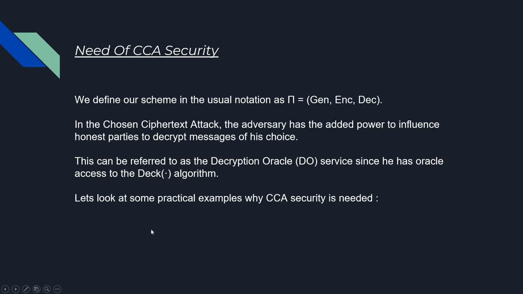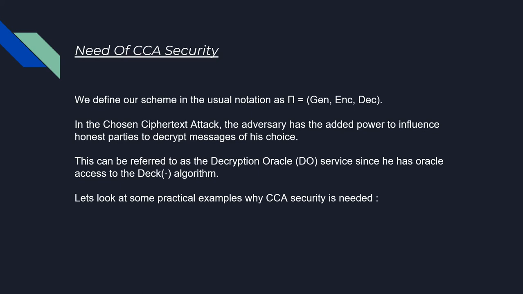So let's first understand why CCA security is needed in the first place. In general, we define the encryption scheme with the key generation algorithm, the encryption algorithm and the decryption algorithm. In the previous chosen plaintext attack security, the adversary is given the power to get the ciphertext by choosing the plaintext.